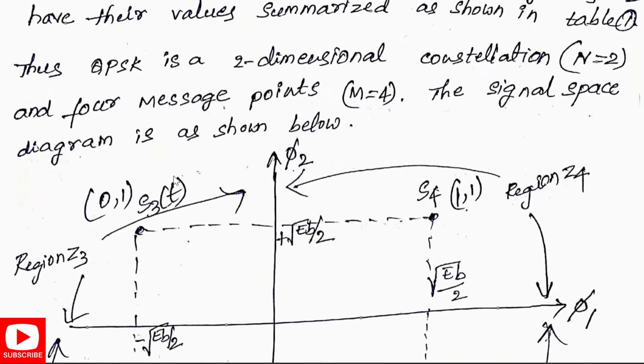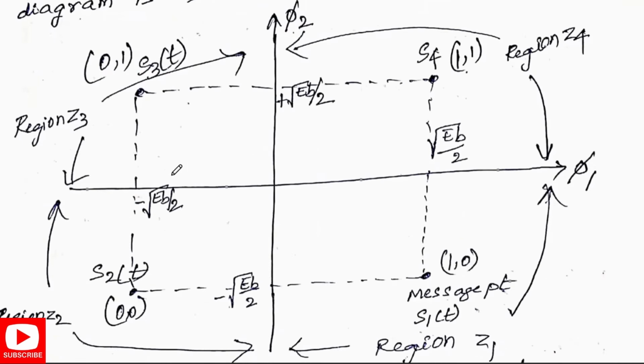Thus you can say QPSK is a two-dimensional constellation with N equal to 2 and 4 message points, that is M equal to 4. The signal space diagram is shown below like this.